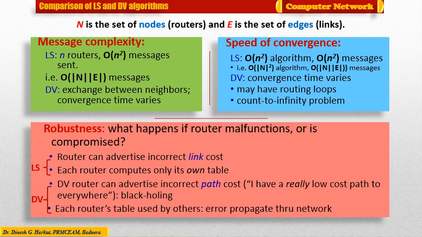Distance vector also suffers from the count to infinity problem. In the end, neither algorithm is an obvious winner over the other. Indeed, both algorithms are used in the internet today.